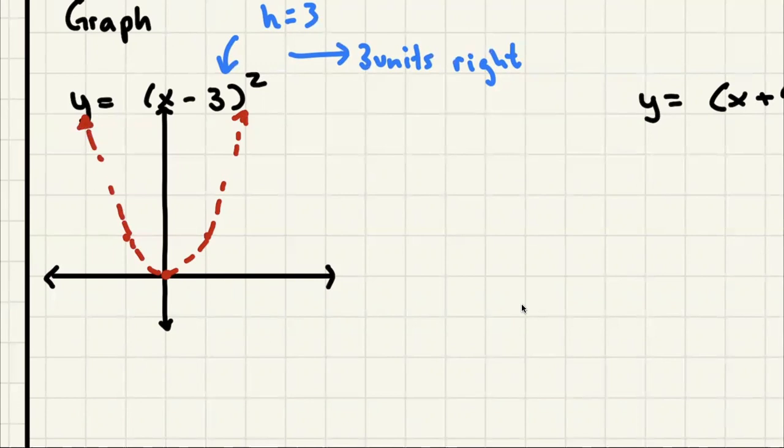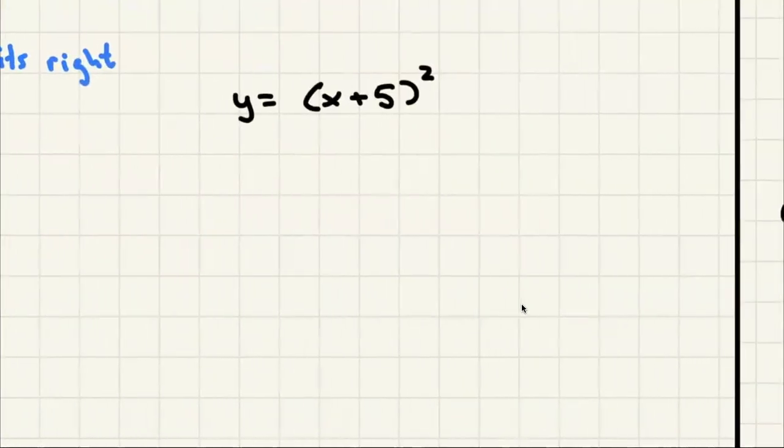That means all our X values are going to be moved to the right 3 units. So we start here, and you go 1, 2, 3. We're going to be here, and this is where our graph is going to start. And then we just follow the same shape. Ta-da.